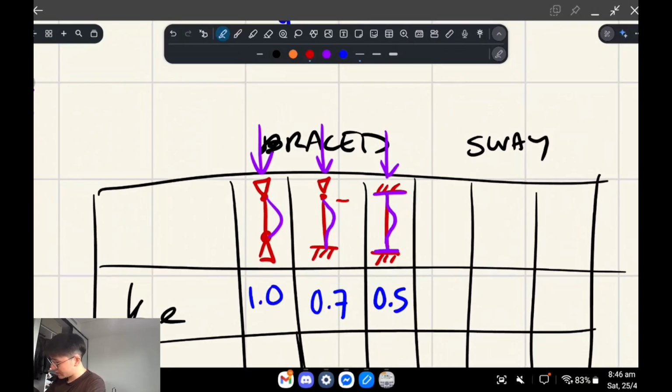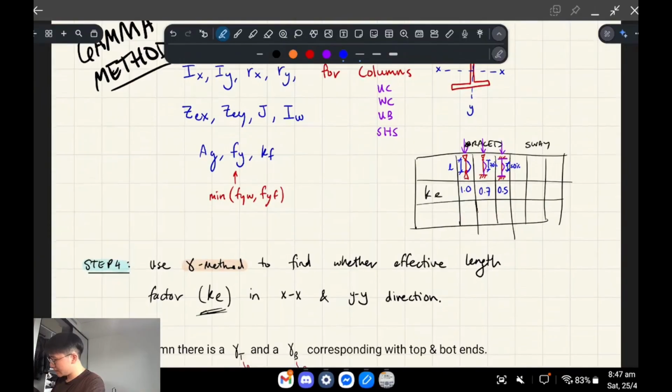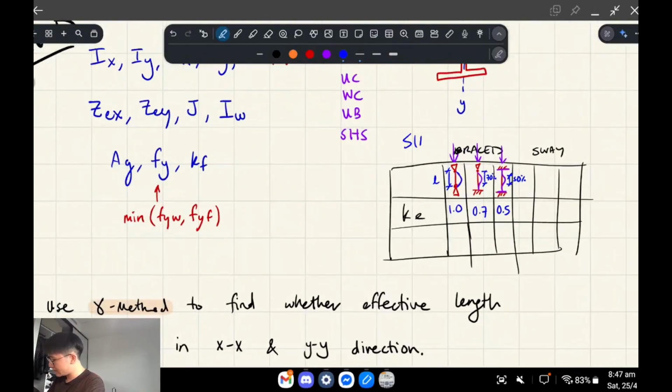That 0.7 factor comes from the effective length of this. If this whole thing is L, you multiply L by 70% for that second case, and then 50% for this third case, etc. Pin is 100%. Anyway, that's the simple method. So this is the simplified method.